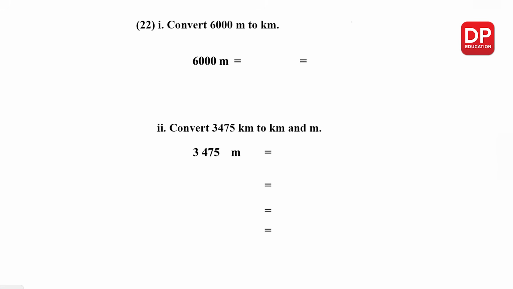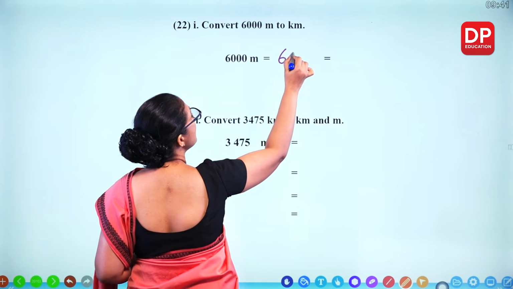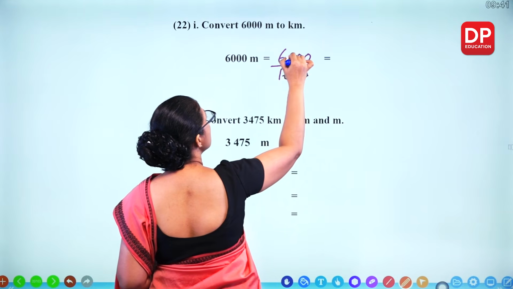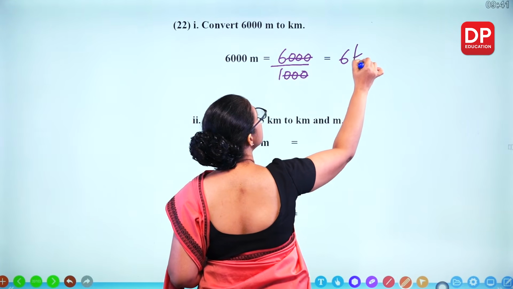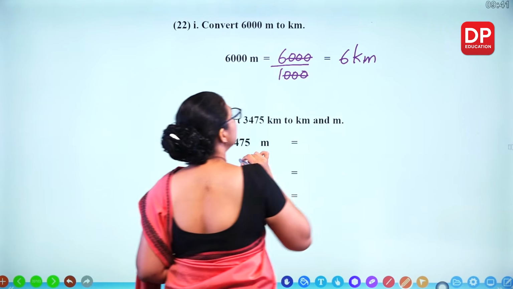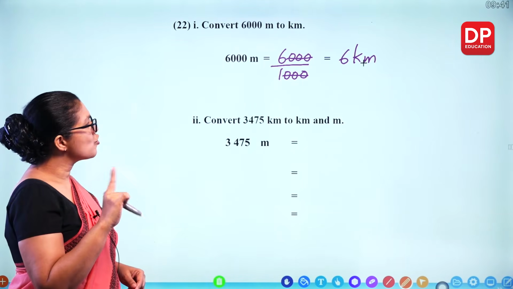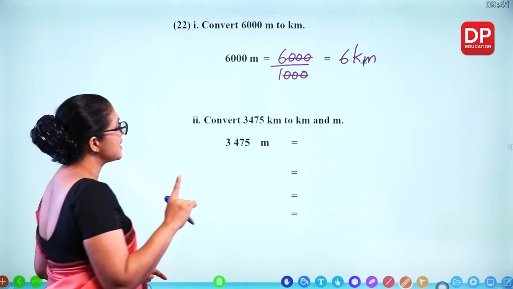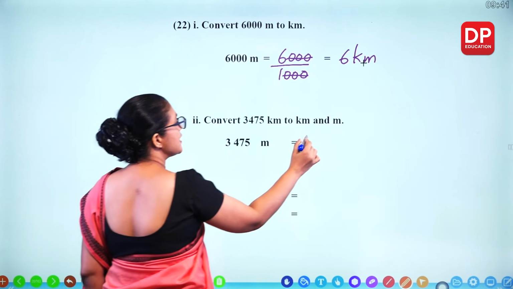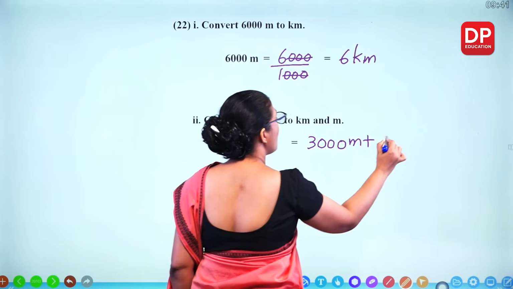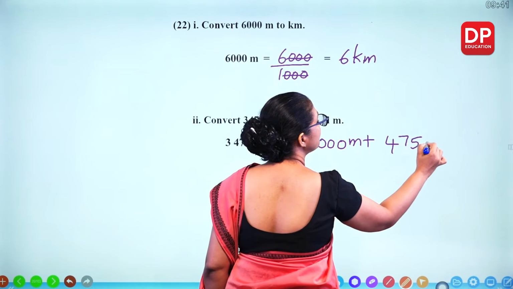Convert 6000 meters to kilometers. Other way around. You divide by 1000. 3 zeros get cancelled out. You can write 6 kilometers. 3475 meters to kilometers and meters. So I'll split it. 3475.